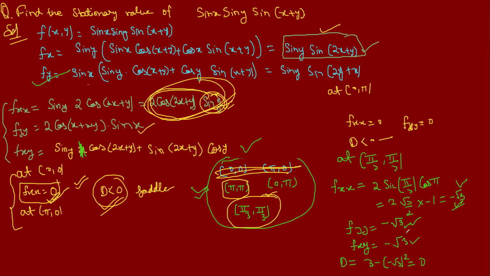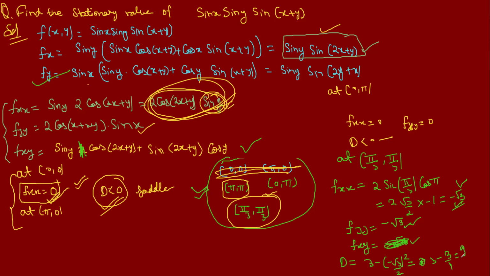So root 3, root 3 by 2. This is root 3 by 2. So 3 minus 3 by 4.